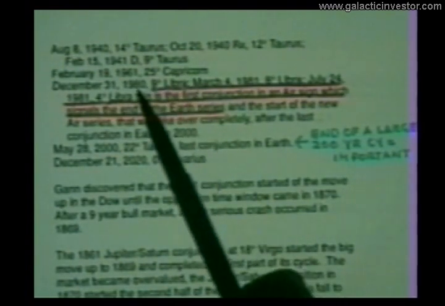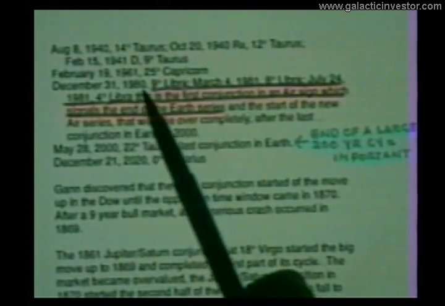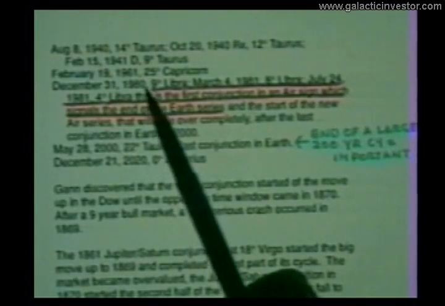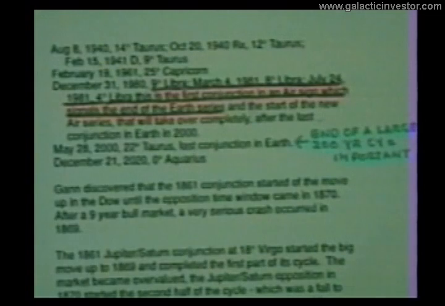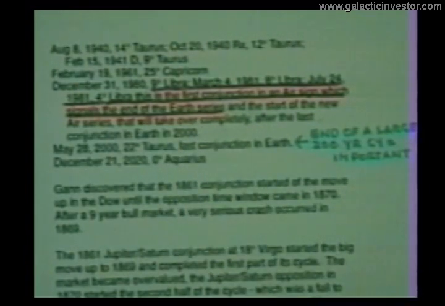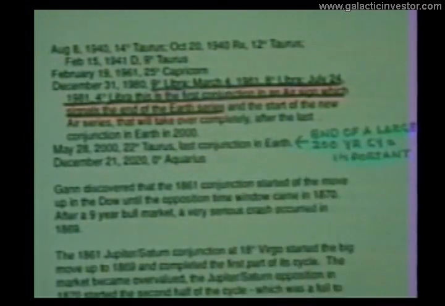And then we have 1940, Taurus, Earth, and 1961, Capricorn, and now, because we're about 200 years from where we started this series, in December 1980, we had the first one in the next element, which is the air signs. The next one occurred in Libra.